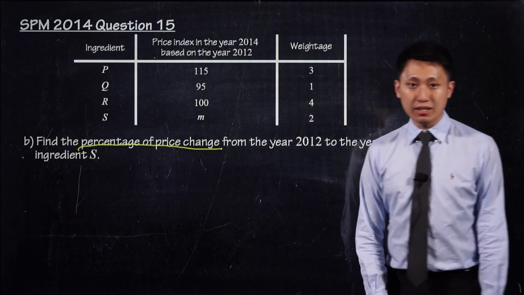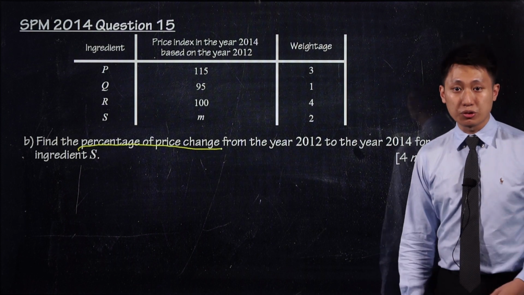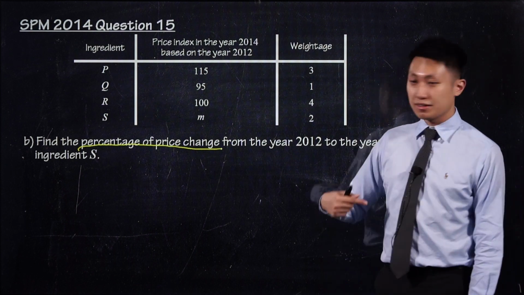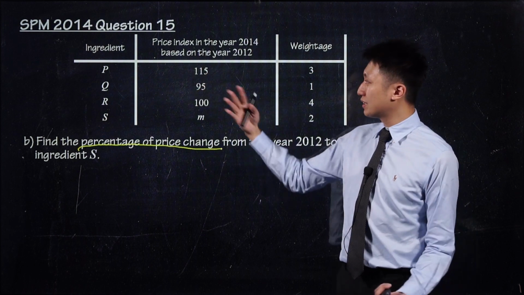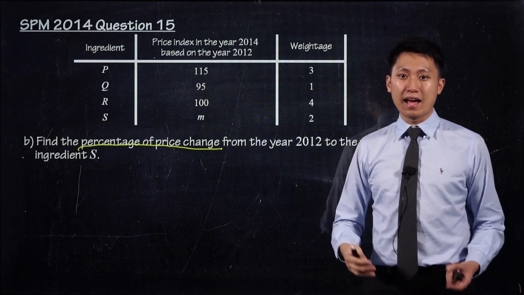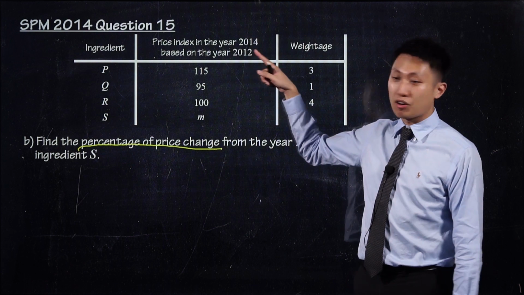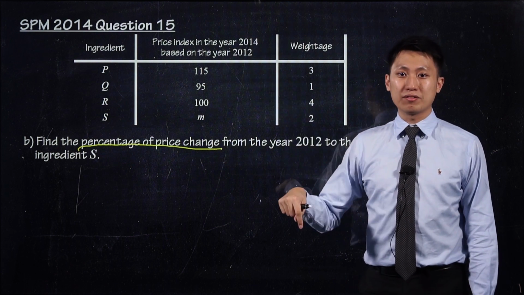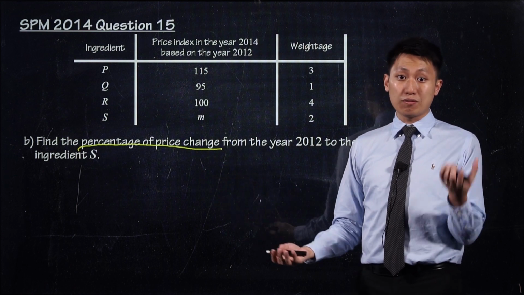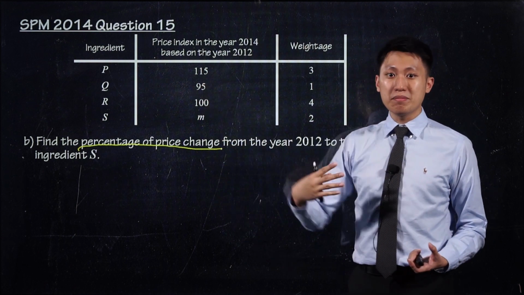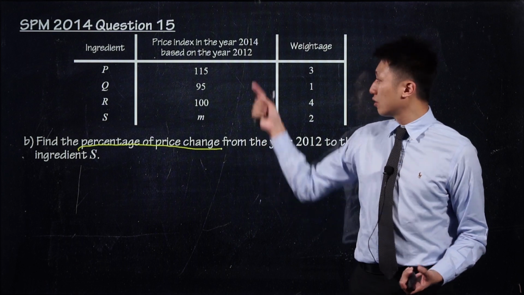Okay, so this one, not sure if it's new to you, but let me just tell you this. What does this mean? How many percent has it increased from 2012 to 2014? Comparing 2012 and 2014, 2014 is 15% more than 2012, right?